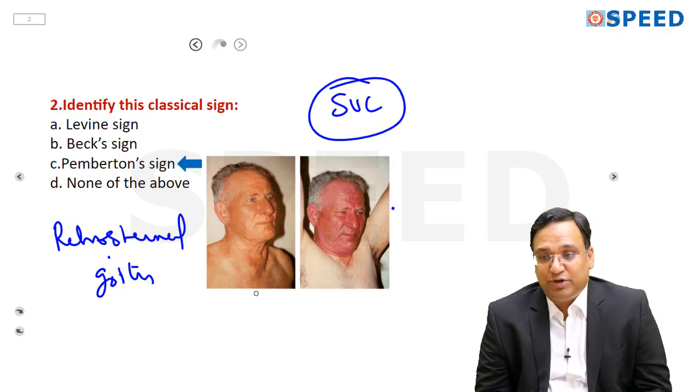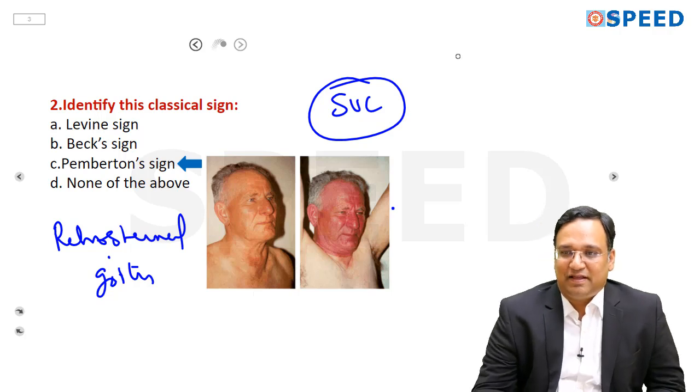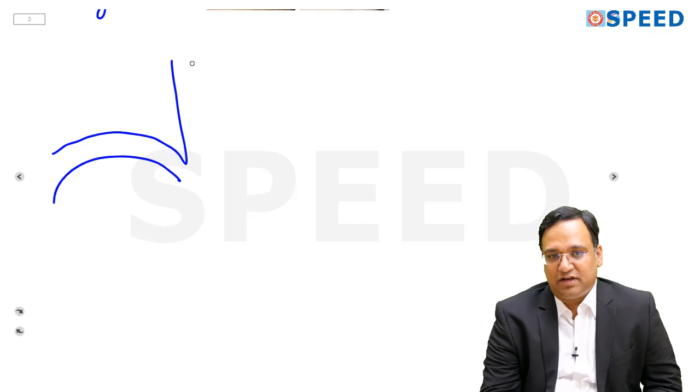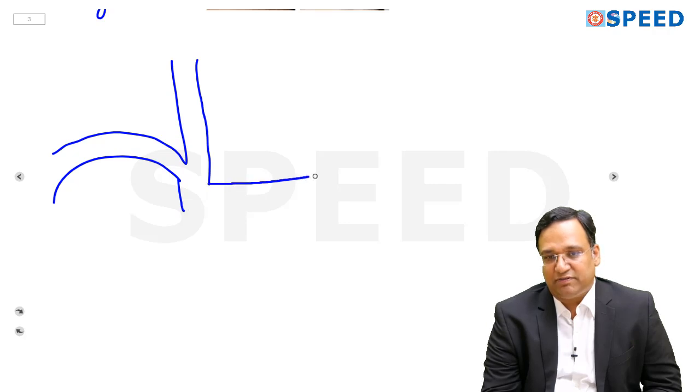How do you understand this? Basically you need to understand how the superior vena cava is formed. The superior vena cava is formed by the two brachiocephalic veins. The right brachiocephalic vein is formed by the union of the subclavian vein with the internal jugular vein, and it joins with the left brachiocephalic vein to form the superior vena cava.